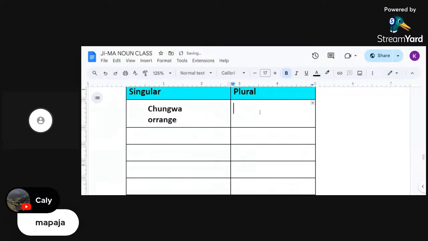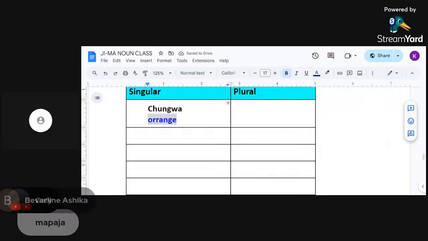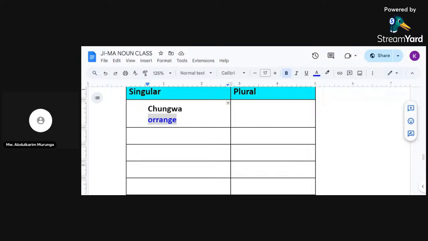If there are many, how do you say oranges? Chungwa is an orange. What about if there are many? Just write the plural there. Vizuri sana mapaja, sawa. Okay. We want oranges.